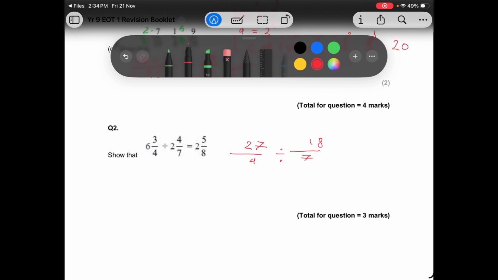Then, guys, I will convert this division to multiplication by the reciprocal. So we have 27 over 4 times 7 over 18. And please, students, before you dive into multiplication, top by the top, bottom by the bottom, please try to simplify things. If there's simplification, don't miss this opportunity, please.